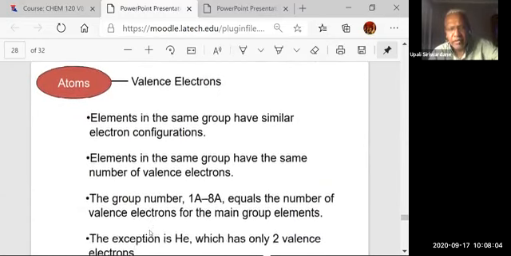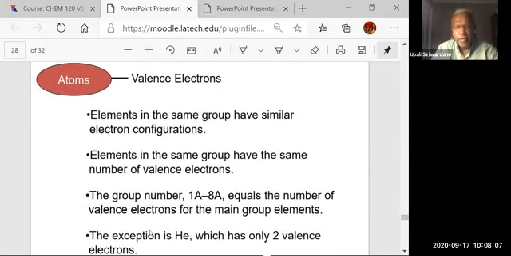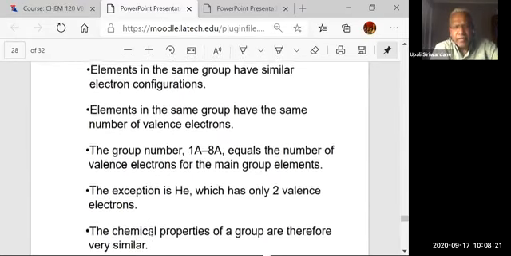Now, even though an atom has so much detail, we only show the valence electron configuration.